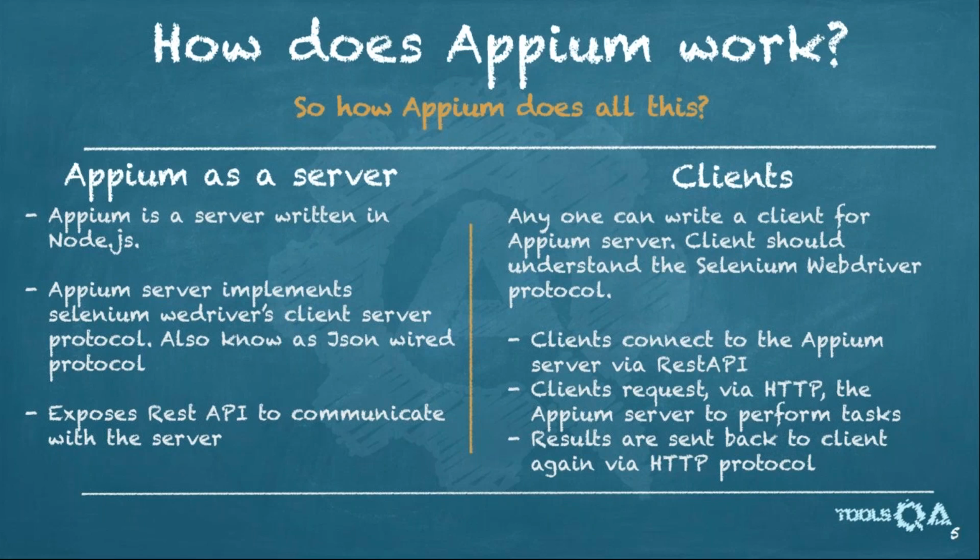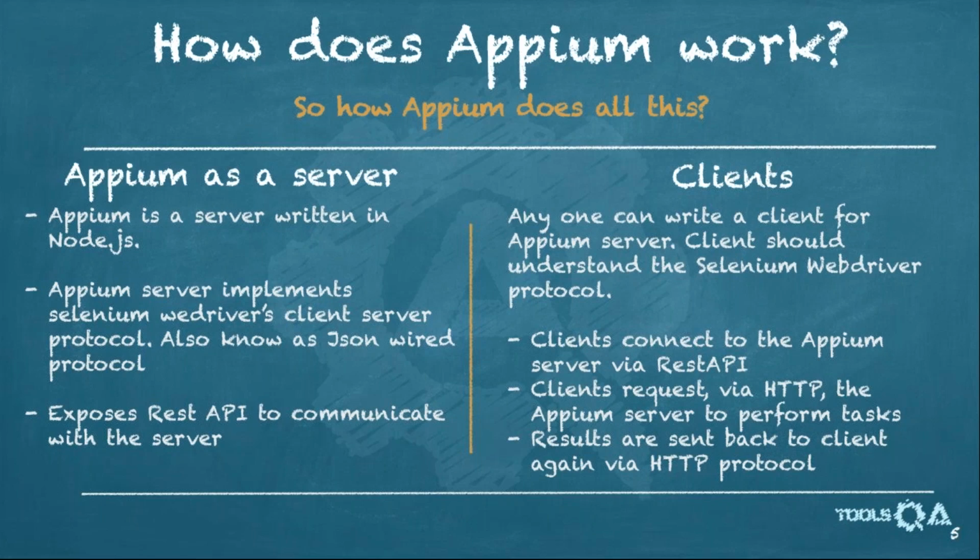Now, the next thing is that it basically exposes a REST API to communicate with the server. As I was talking about JSON, that's what we talk about, like REST API. Now, with respect to the client, anyone can write a client for Appium server. That means a test script.